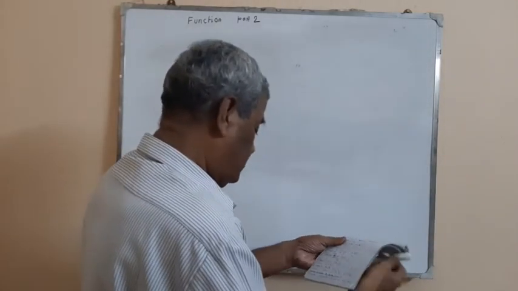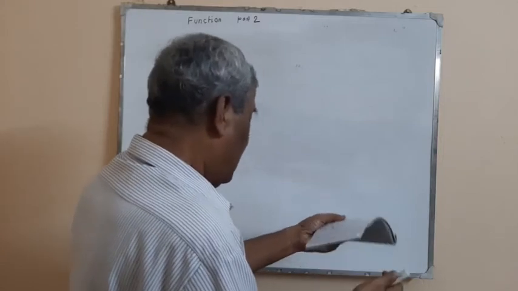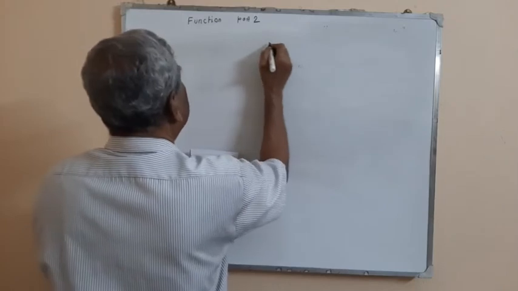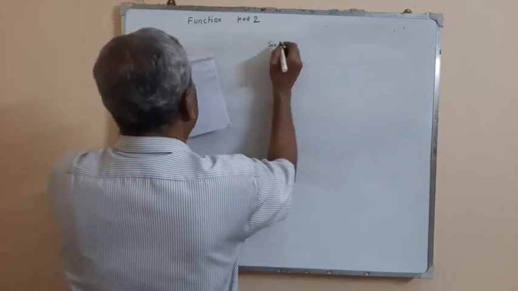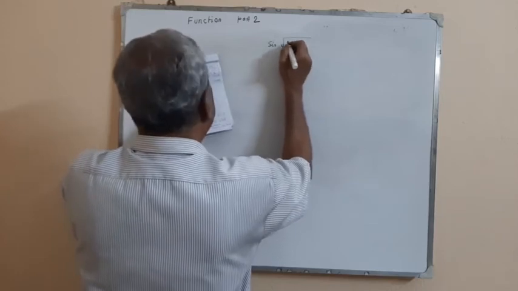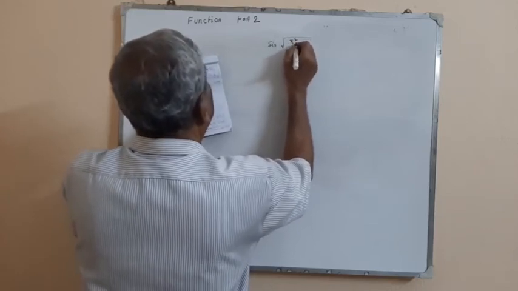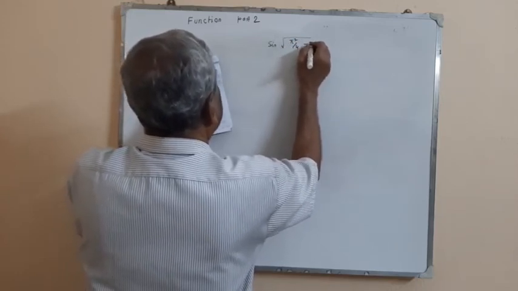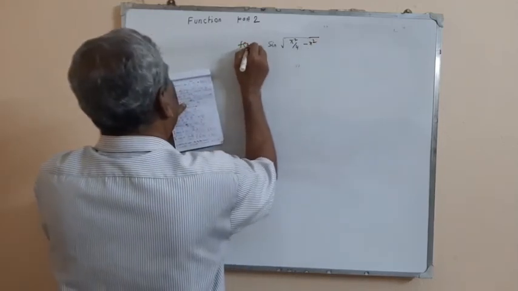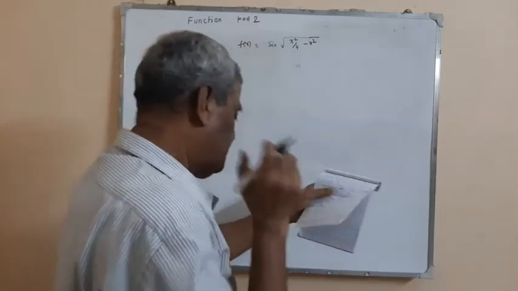Our next problem: range of sine of root over pi square by 4 minus x square. Range of the function f(x) is equal to?